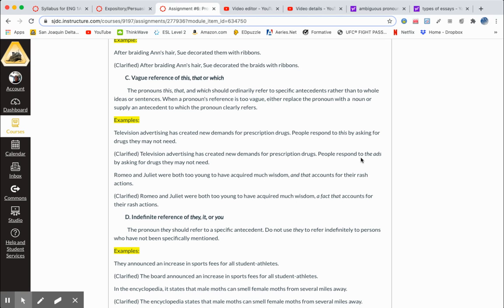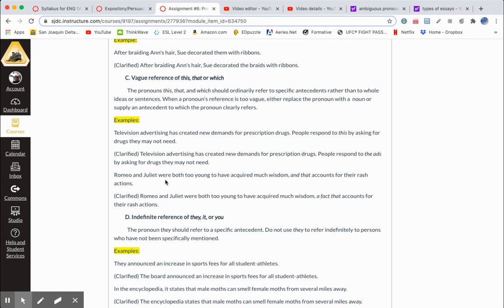People respond to the ads by asking for drugs they may not need. So what have we done? We've taken the pronoun this and clarified the sentence and the message in the sentence by telling the reader exactly what it is that they're responding to, not just this, but the ads.